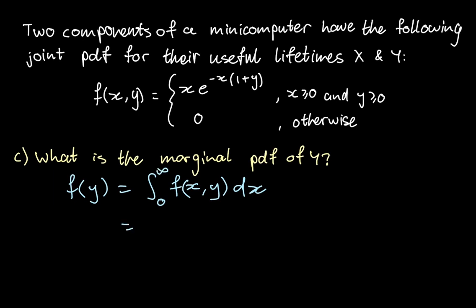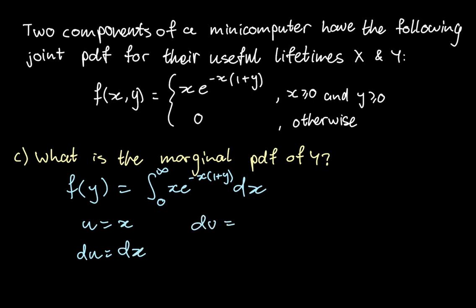Then I can just substitute in this, and I get x e to the negative x(1 plus y). Okay, so I'm going to use integration by parts to solve this. So the part that's easier to differentiate is just x, and if I differentiate that, it's just dx. Okay, and then the part that's easier to integrate is e to the negative x(1 plus y) dx.